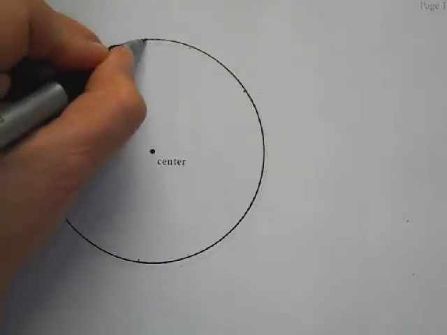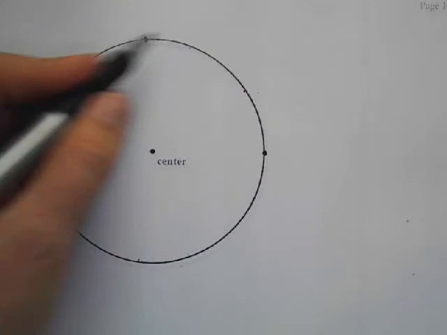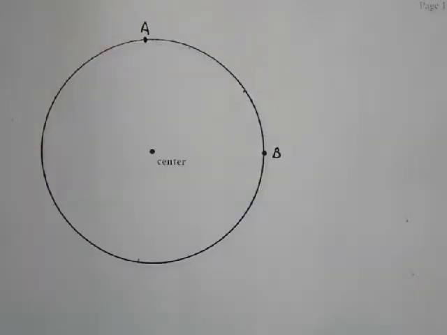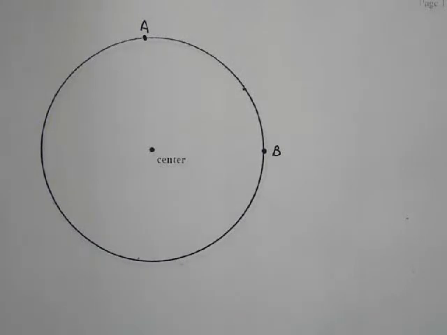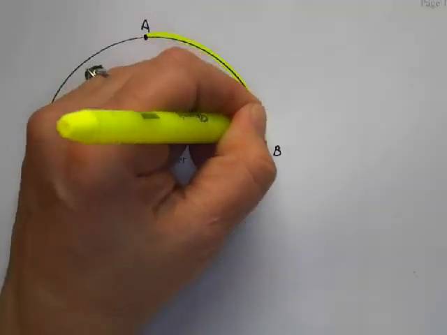Now let's talk about some angles and arcs. When you look at a circle, an arc can be represented by 2 points, and an arc is part of the circumference. So if I put points A, B here, and I'm going to highlight along the circumference of the circle, this piece is called the arc.